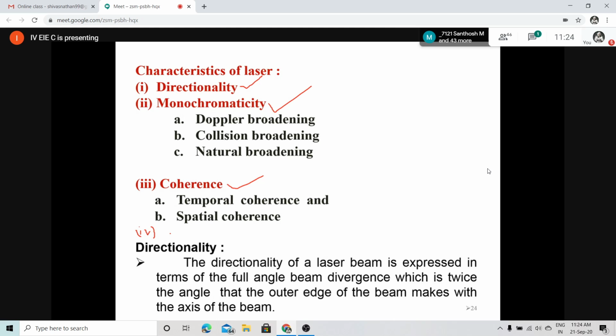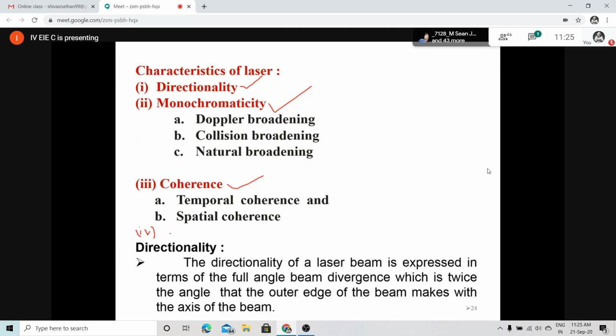So we find a beam to be produced, and this outer edge of the beam is related to beam divergence with twice the value. So that is what we are going to have as directionality. We say it as 2 times theta.